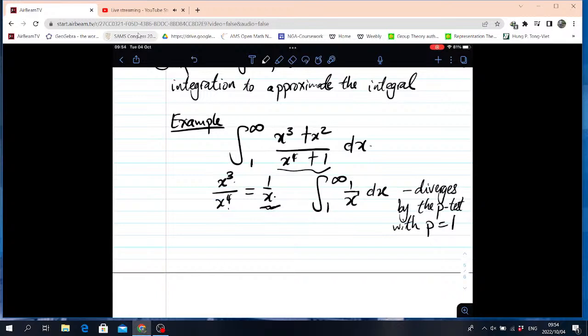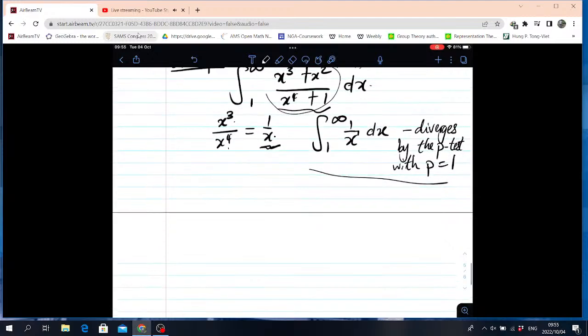So if we are able to show that this is greater or equal to some multiple of 1 over x, then we can use this and conclude that the integral there is also divergent.